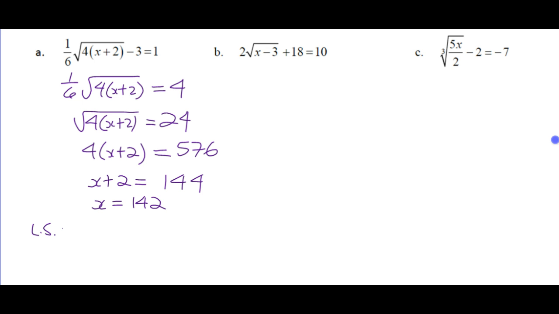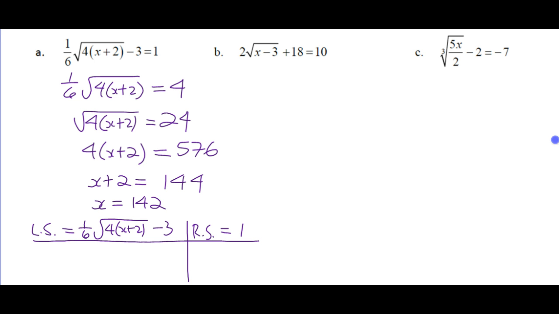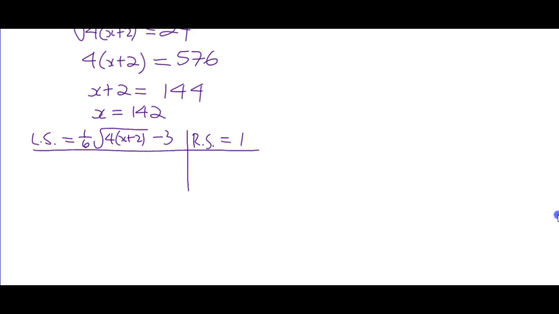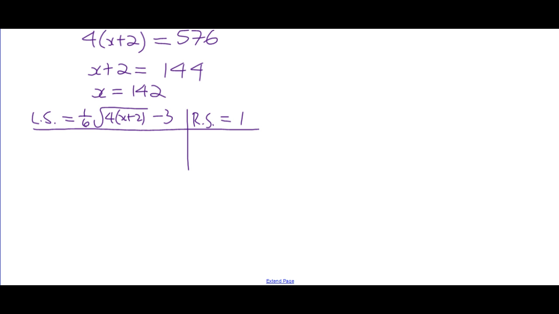Verification, our left-hand side is 1/6. Remember, you always go back to the original, because if you made a mistake somewhere, and you go back and stick it into one of the other lines, you're just going to verify your incorrect solution. Can you just type it in your calculator if you don't want to type it out? Well, this one says and verify, so we have to show it. Yeah. But if you were doing this for real, if you just said solve, then you could just do this by typing it in your calculator, right?